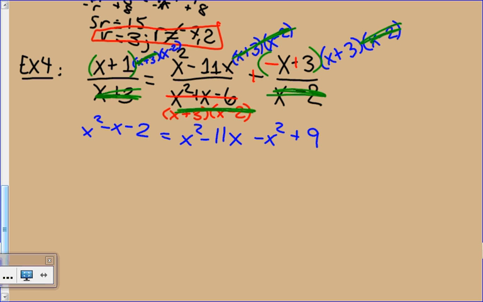It does look like it's going to be quadratic just because the x squared crosses off right here. But we still have one more right over here. So we're going to set it equal to what? 0. So we're going to bring everything to this side. So we end up with x squared minus 12x plus 7.